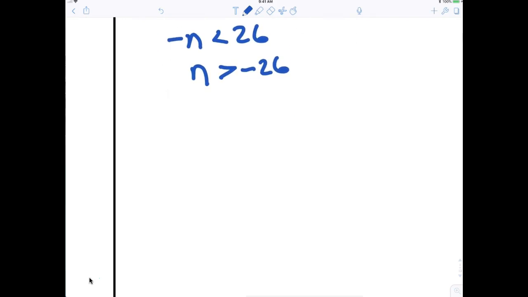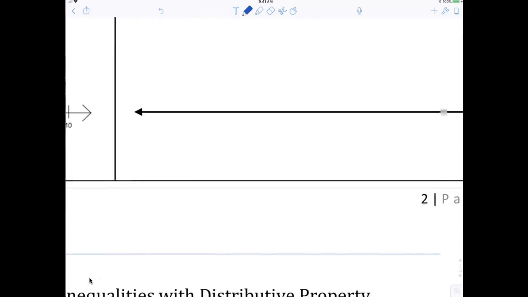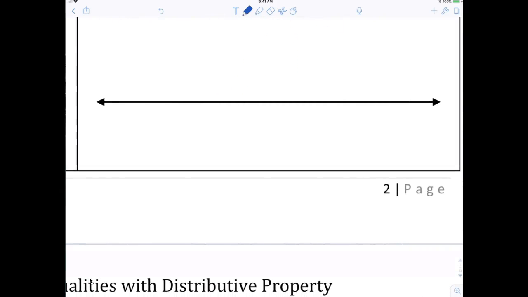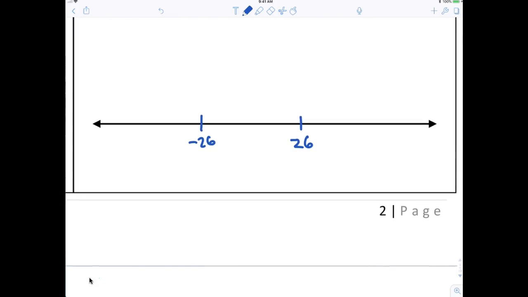If n is greater than negative 26, there are no numbers on this number line, so here's how we fix that. We make a mark, put the answer and its opposite. So negative 26 and 26. Are we good with that? Then the answer was greater than negative 26, open circle, going to the right. Do you have any issues with that?